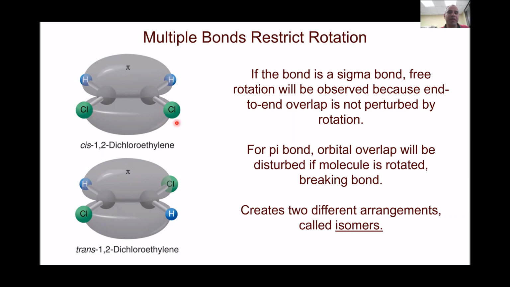So if you have two chlorine atoms instead of hydrogen on ethylene, the position of each one of these chlorine atoms is going to have two possibilities. Either they will be on the same side in what is called a cis isomer of the molecule, or they will occupy opposite sides on the molecule in what is called a trans isomer of the molecule.